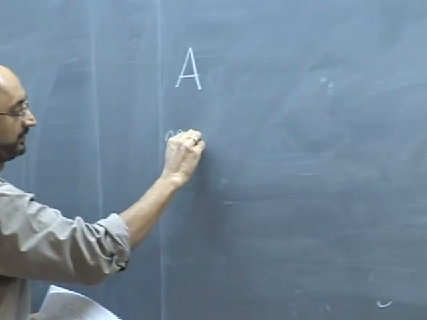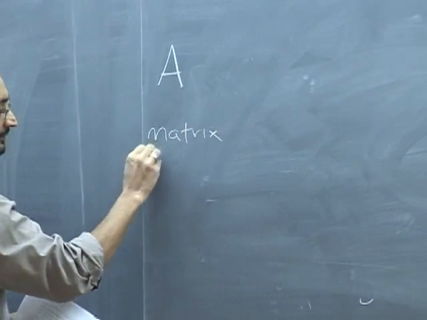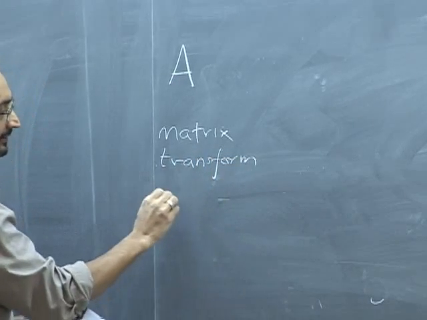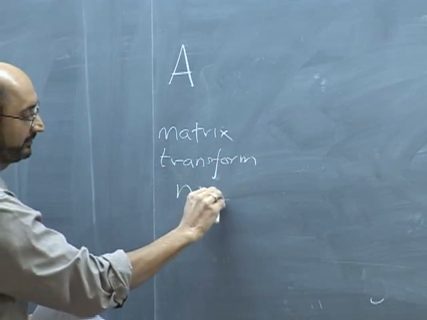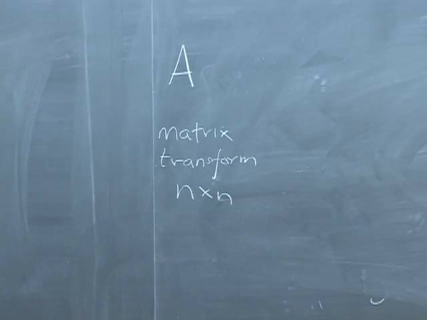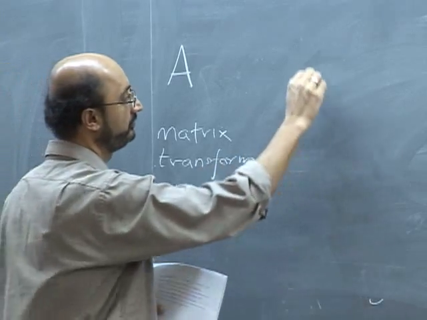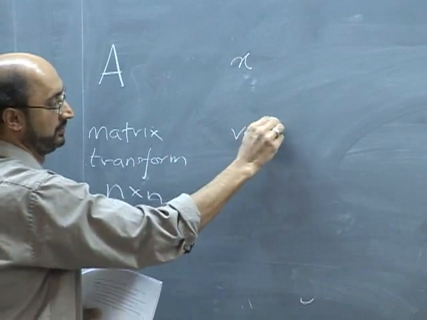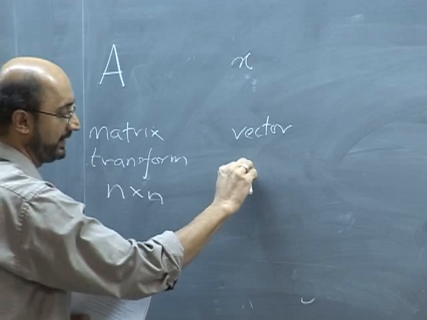So we have matrix A. That's our matrix, and that's viewed as a transformation. It's a square matrix, n by n. And we're going to apply it to a vector x, which is an n vector.